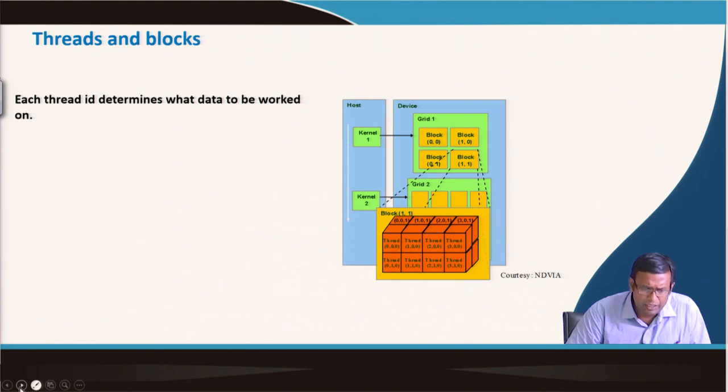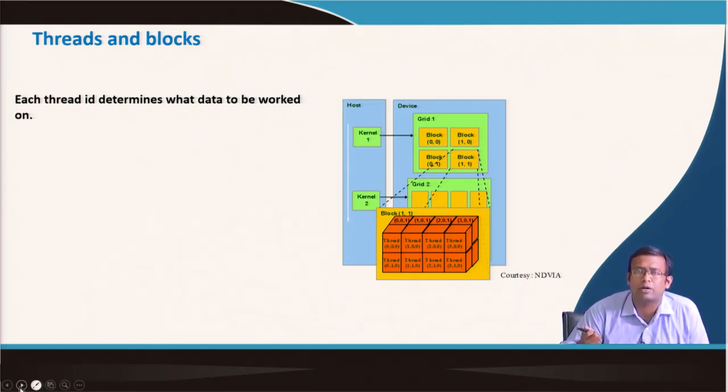Each thread ID determines what data is to be worked on, and this is a very important part of CUDA programming. We will later learn in detail about thread algebra, that each thread is supposed to work on one particular data. The threads mostly rely on registers.